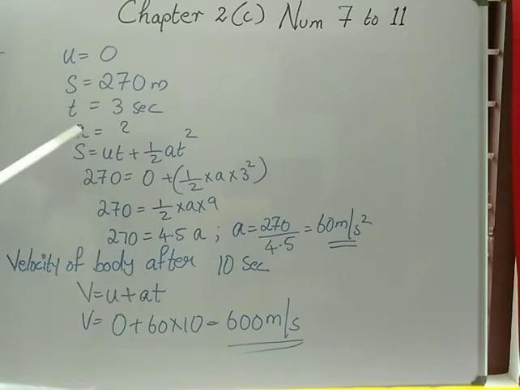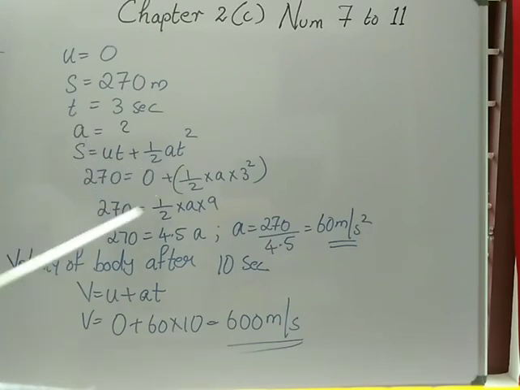So first we have to calculate the acceleration because the body starts from rest and moves a distance within time t. Actually it is not asked in the question, but to calculate the velocity after 10 seconds, we should know the acceleration of the body. So s is equal to ut plus half at square.